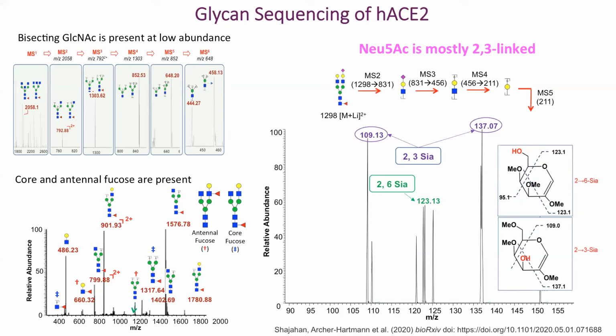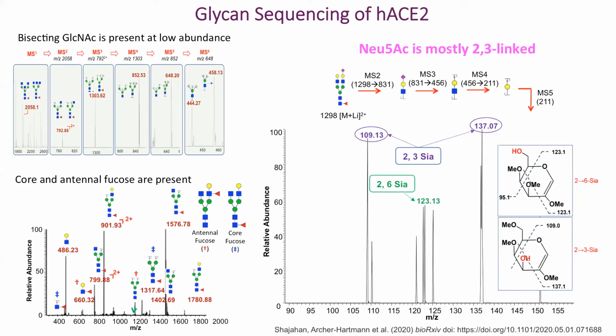Although most N-linked glycans had both 2,3 and 2,6 linked, the N-linked glycans were predominantly 2,3 linked. It remains to be seen whether this predominant linkage of 2,3 linked sialic acid has any significance for the infection or susceptibility once further experiments are performed.